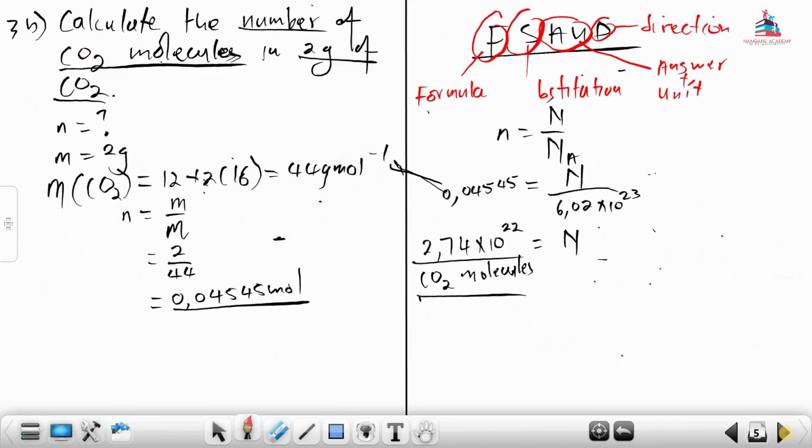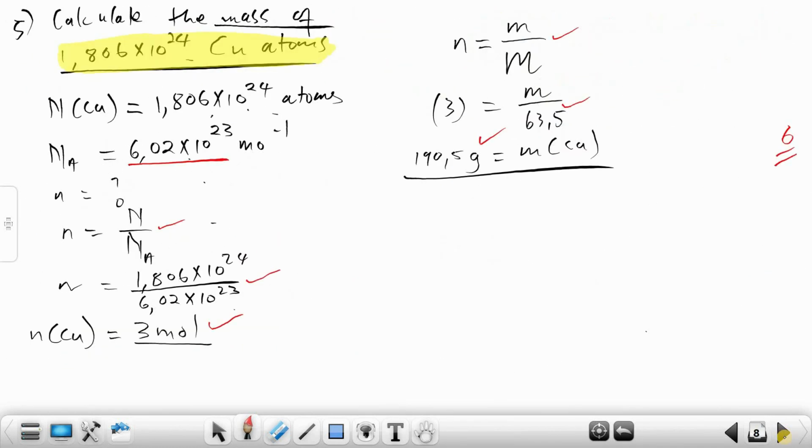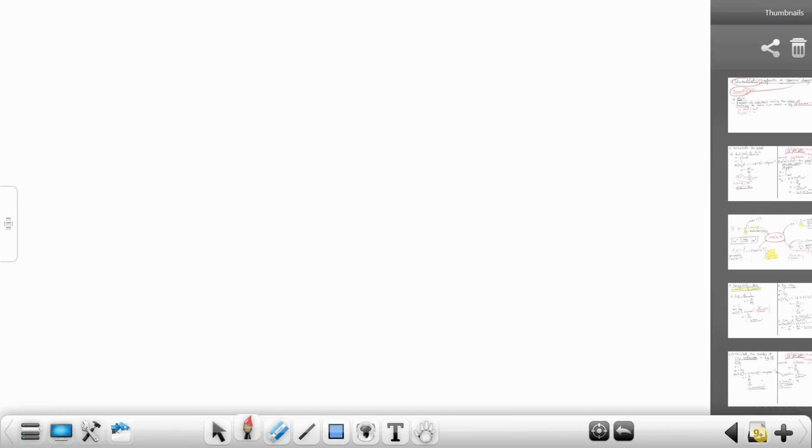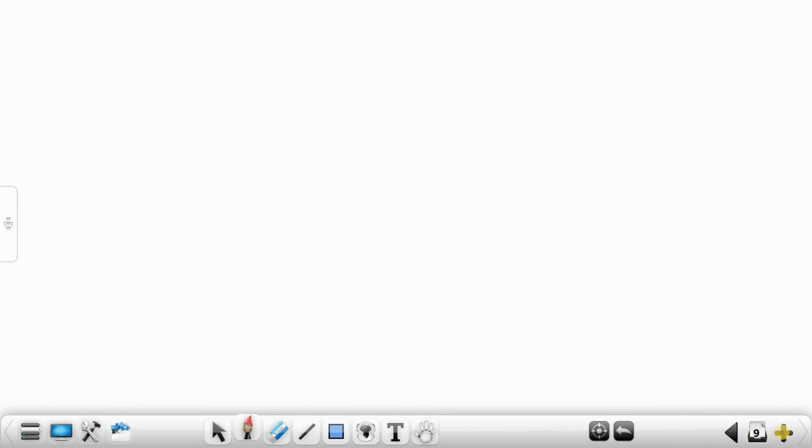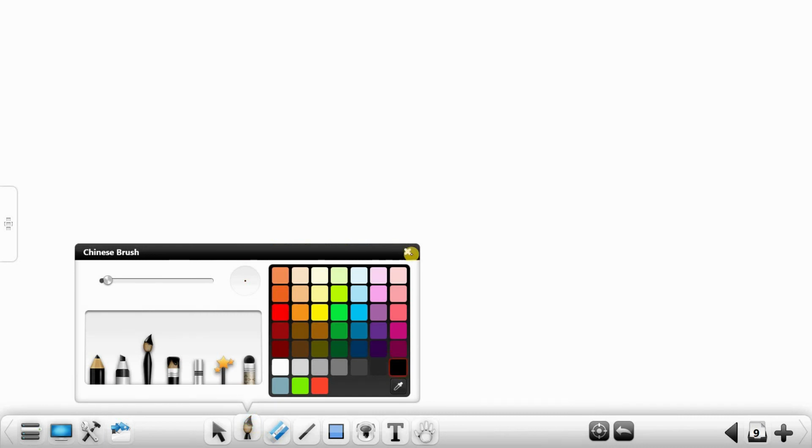So let's go into a new sheet. We are now looking into the molar volume of gases.